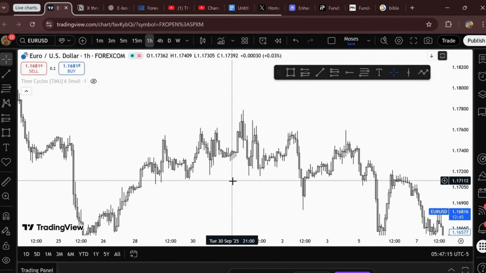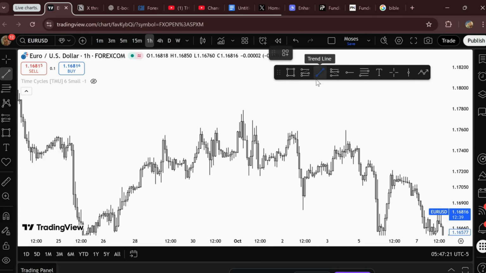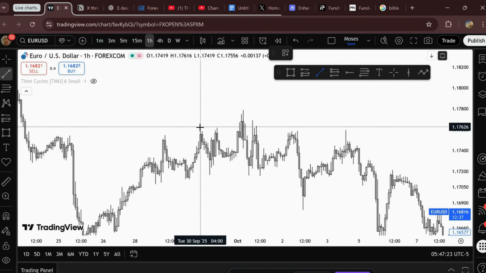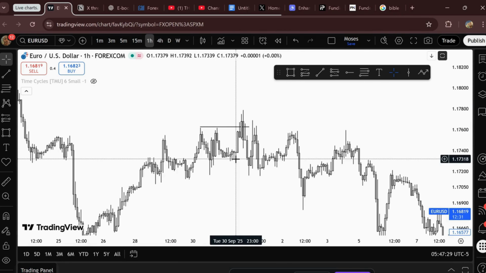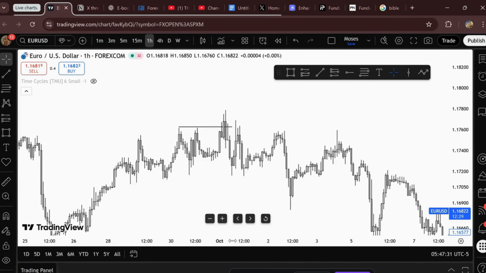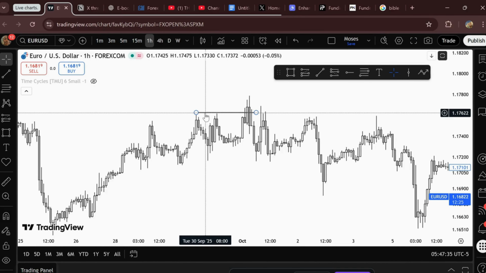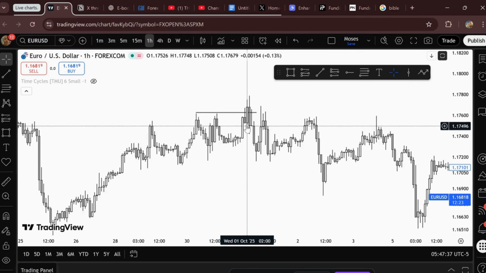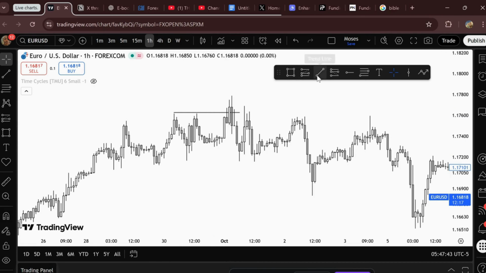So what are bullish order blocks? The last bullish candlestick before price reverses downward. So we have price come, take out this high. And during price movement upward, taking out this high, the last bullish candlestick before price started reversing downward is this candle.